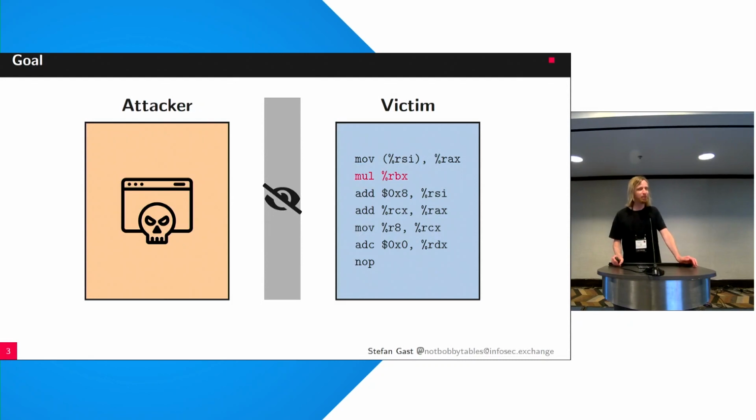In particular, the attacker wants to observe when the victim is performing multiplications. And because there is no architectural access from the attacker to the victim, the attacker has to use a side channel, and in our case, we are using a timing side channel.